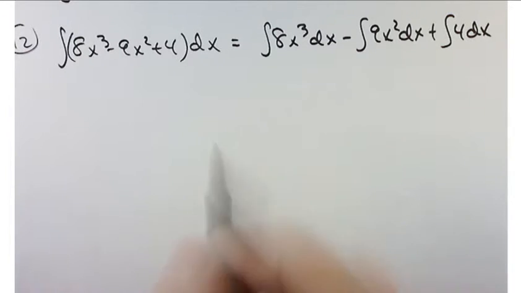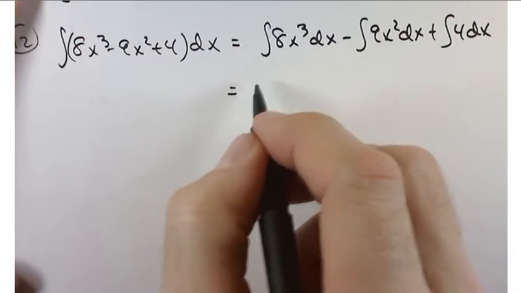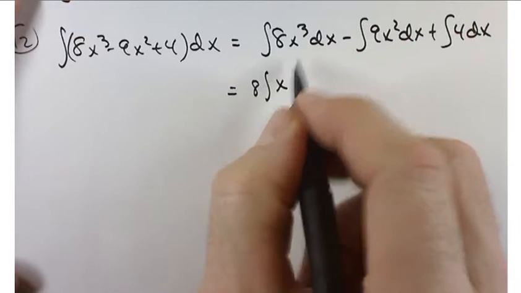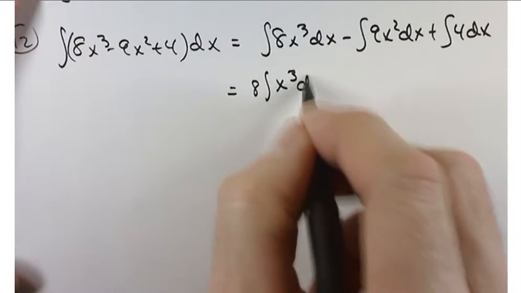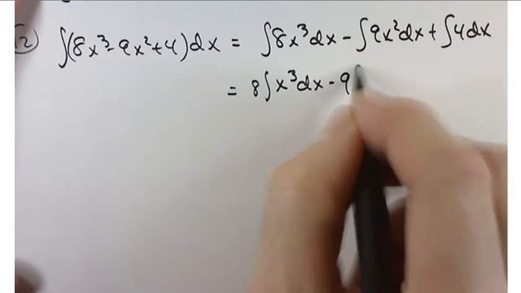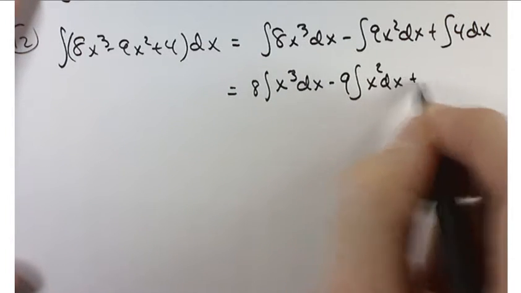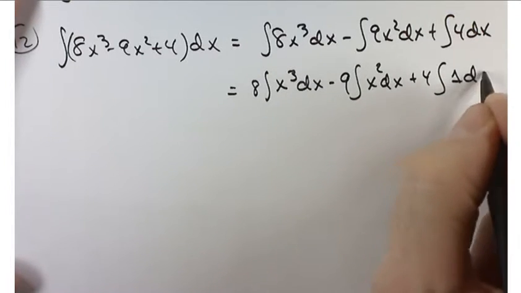So it has these nice linearity properties. Let me go a little bit further here. Let me factor out the 8. 8's a constant. Doesn't depend on x at all, so I'll just leave in the x cubed. I'll do likewise with the 9. And I can even do it with the 4, and that leaves behind a 1 dx.